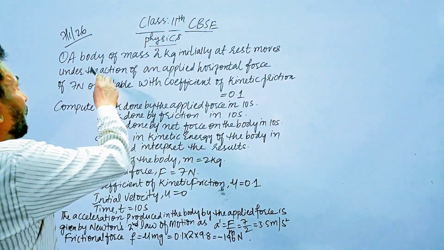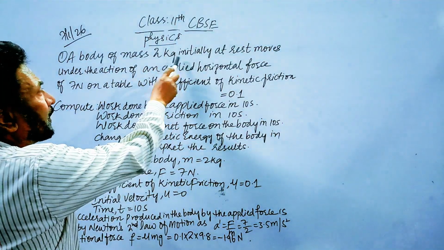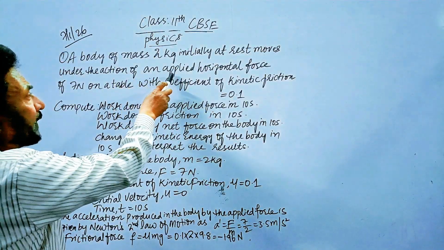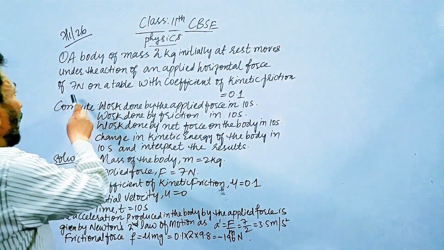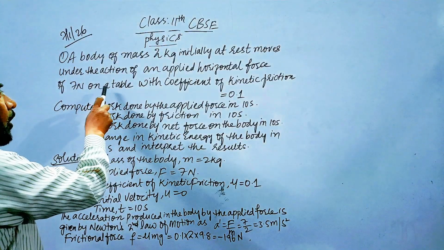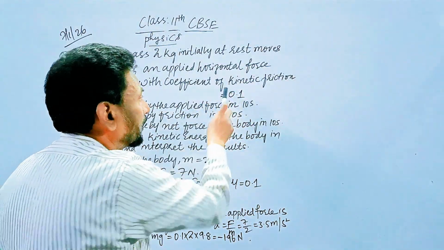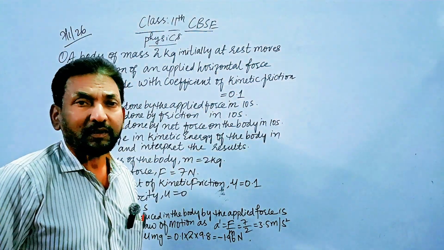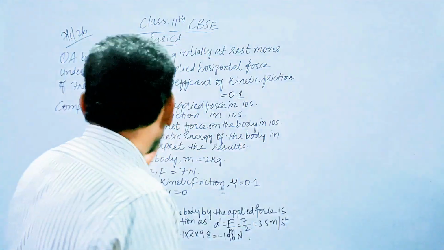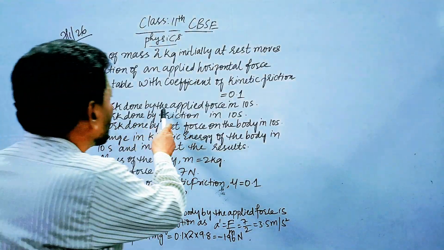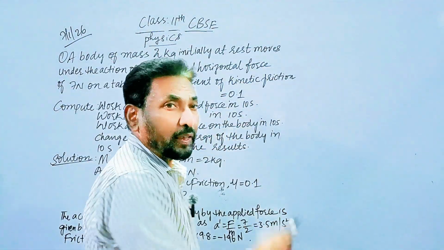Now listen. A body of mass 2 kilogram initially at rest moves under the action of an applied horizontal force of 7 newtons on a table with coefficient of kinetic friction 0.1. अब इसमें हमको जो कंप्यूट करना है, जो दिया गया है, वो है: work done by the applied force in 10 seconds.